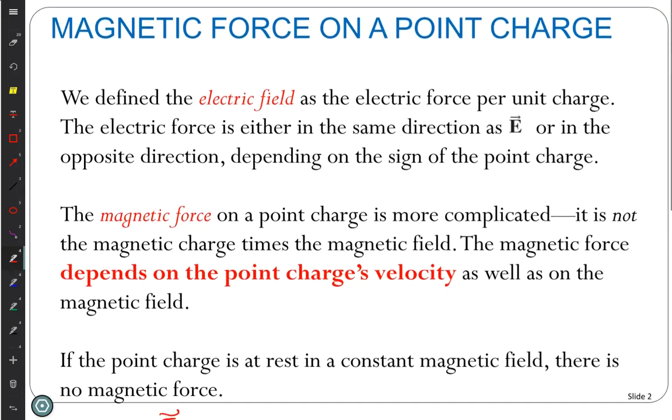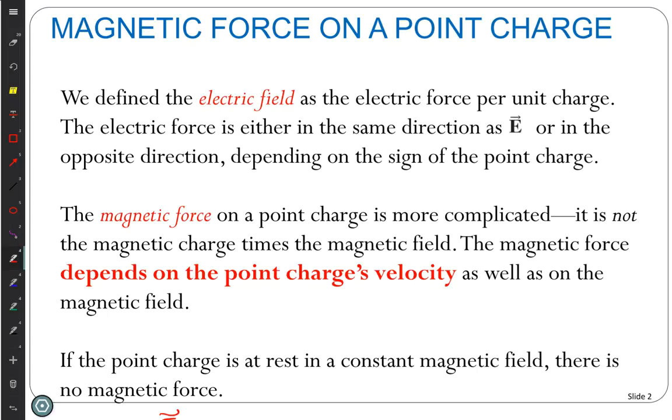Magnetic field and magnetic force do not have the same relationship. The reason is magnetic force is a weird one. Magnetic force depends on speed. If the speed is 0, there's no magnetic force on a charged particle. It has to be moving, or the magnetic field has to be changing, for there to be a force on the charged particle.